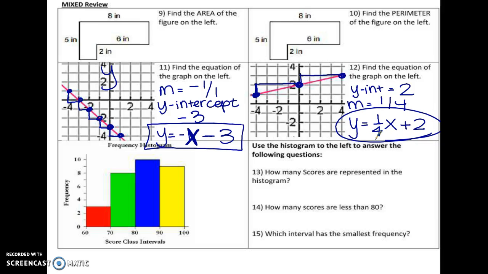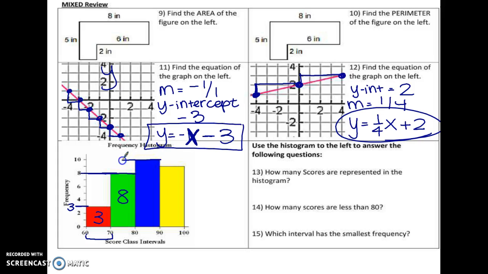Okay, use the histogram on the left to answer the questions. How many scores are represented in the histogram? So you have to find each of the frequencies. So from 60 to 70 in the interval, we're at the number 3. So I'm going to go through and find each of these. There's 8 for the green.